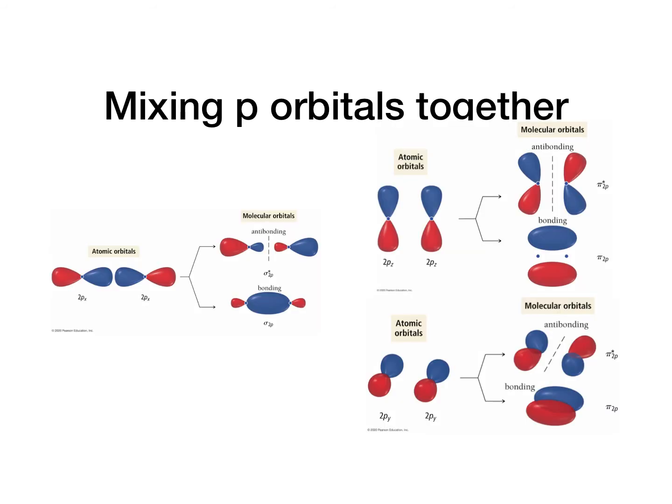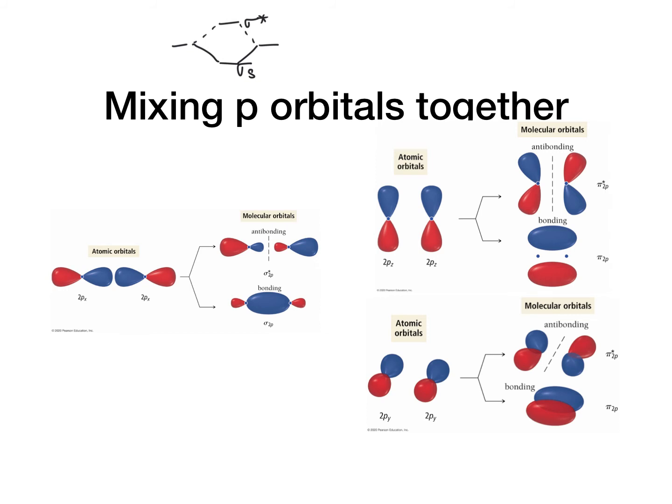One of the things we want to think about is what happens when we start to move into p orbitals. All s orbital mixing follows the same orientation, where we see a sigma s followed by a sigma star.